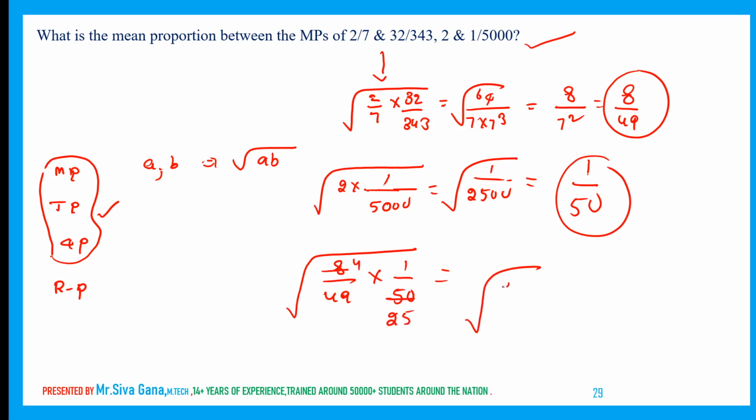So nothing but 2 square divided by 49 into 25. 49 into 25 is 1225, which is nothing but 35 square. So it is 2 divided by 35. That is the answer.